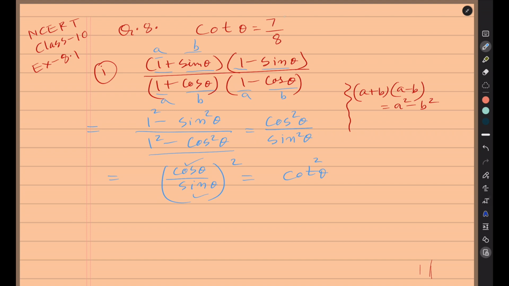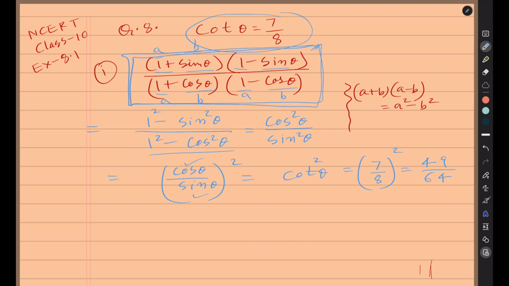Now we know that the value of cot theta is given as 7 by 8, and we have expressed this expression in terms of cot theta. So it is just a matter of putting in the value. So the value of this expression will be 49 divided by 64.